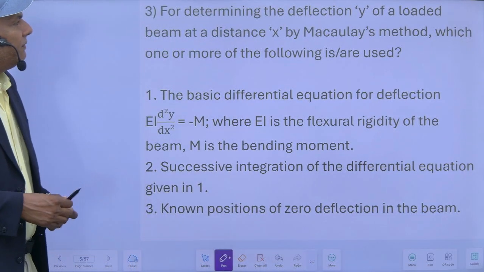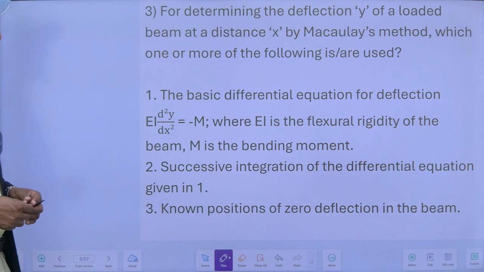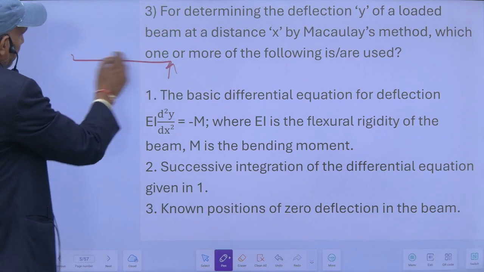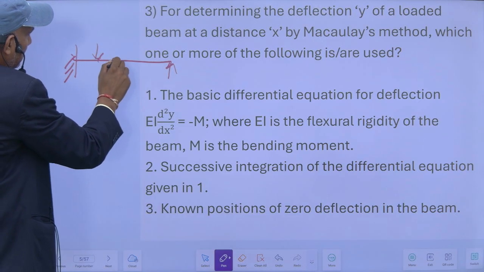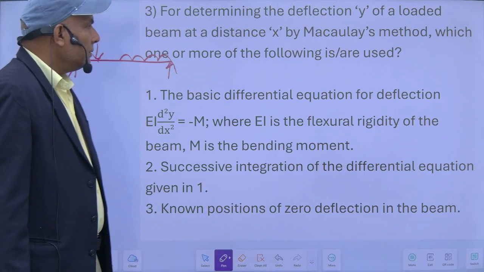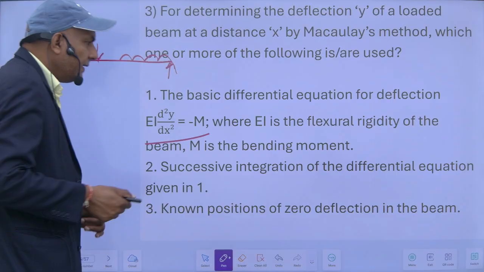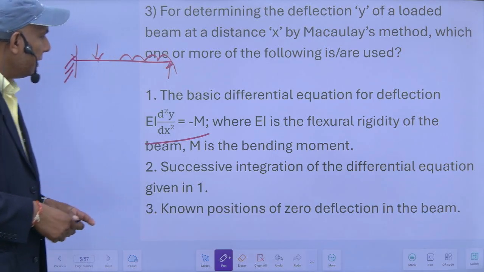For determining the deflection y of a loaded beam at a distance x by Macaulay's method, which one or more of the following are used? Suppose I have a beam like this, and by Macaulay's method we can find the slope and deflection at any point. The basic differential equation is this one, where EI is the flexural rigidity and M is the bending moment.